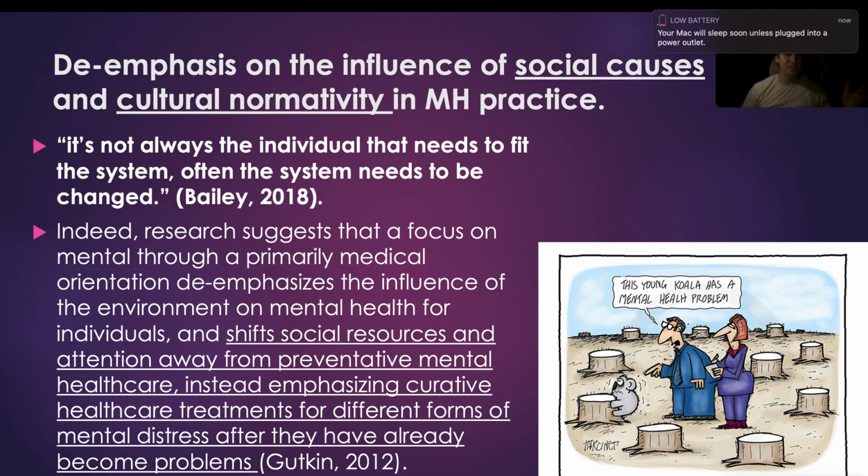So next time we'll look at this idea of the medical model de-emphasizing the culture, the deficiencies in the culture and in the social environment, right? In the physical environment. And why that's a problem.